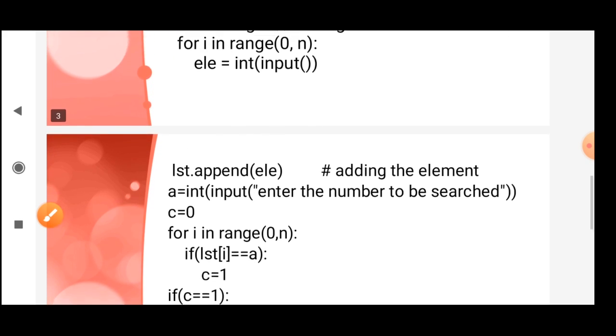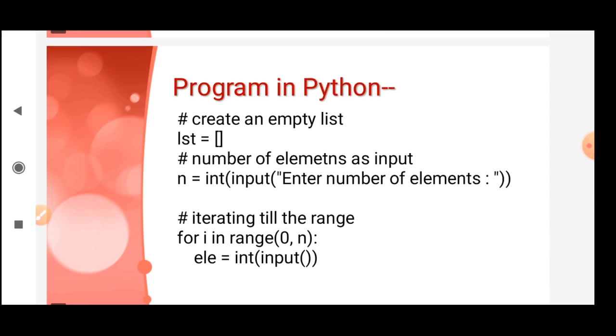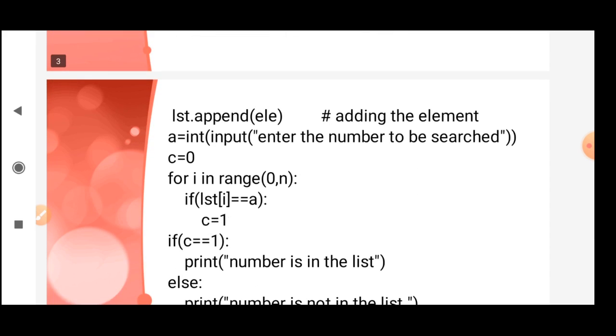Now in this line you can simply see that in continuation of ele you have the list lst. This is the blank list that you had created here, and append is a function. That function will add the element at the end of the list, meaning after the first element it will add the second and then the third.